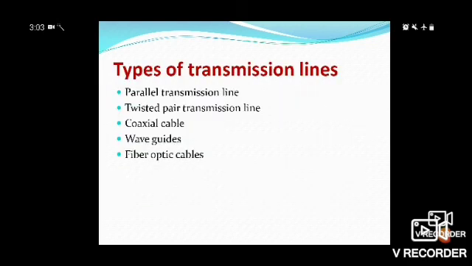I have said what the transmission line means. In electronics, it is needed to guide electrical energy from one point to another point. So it is required to guide the RF signal from the transmitter to the antenna. For that we call it a transmission line.